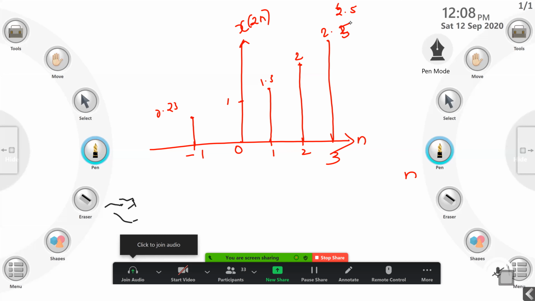If it was plotted at -1, it would go to -0.5, but you are not going to show a negative 0.5 time, because in discrete the values are defined only for integers.